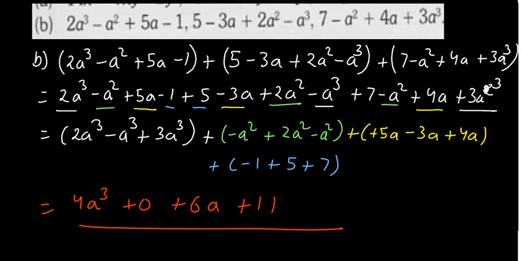Okay. So next, let us move on to the next part. Third, C part. In C part we have some fractions, but we don't have to worry about that. We have completed fraction questions in question number 5 as well, so we are not worried. We have 1 upon 3 a cube minus 3 upon 4 a square plus 5.